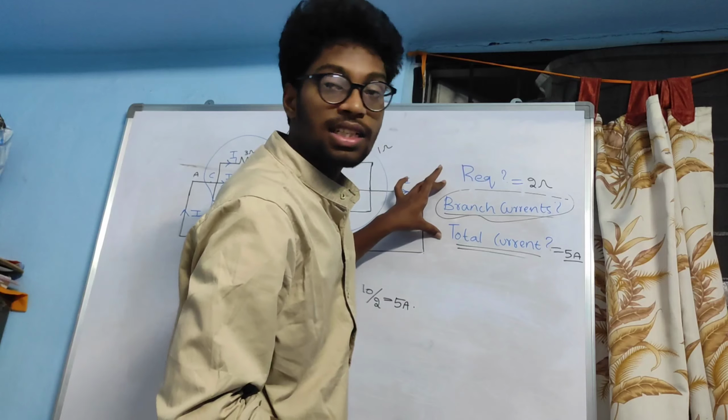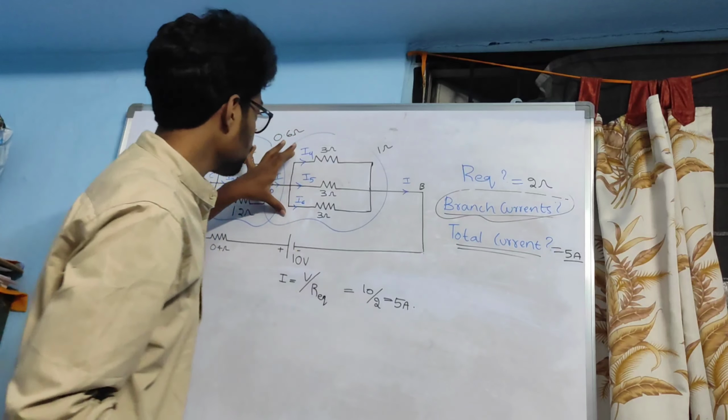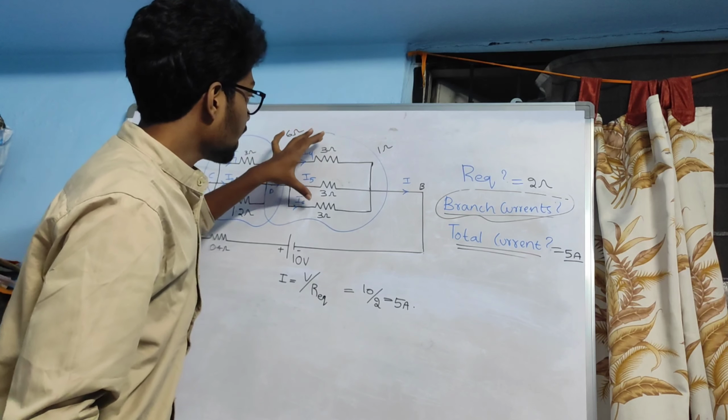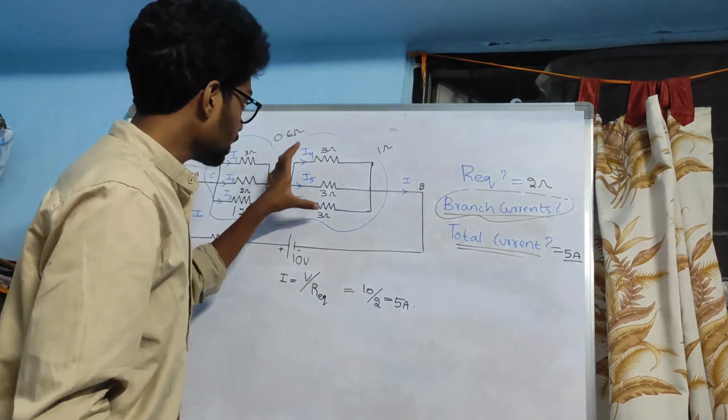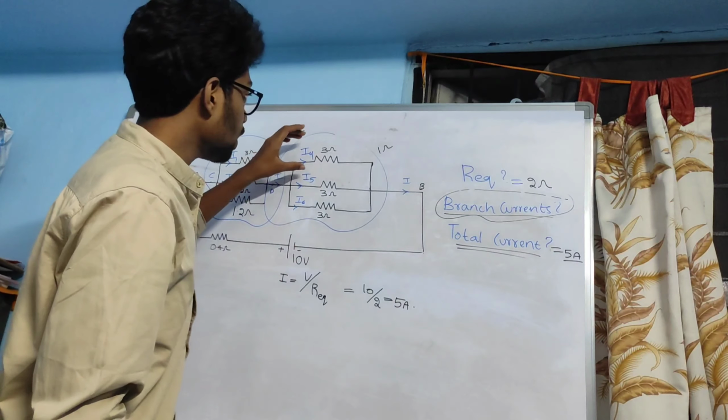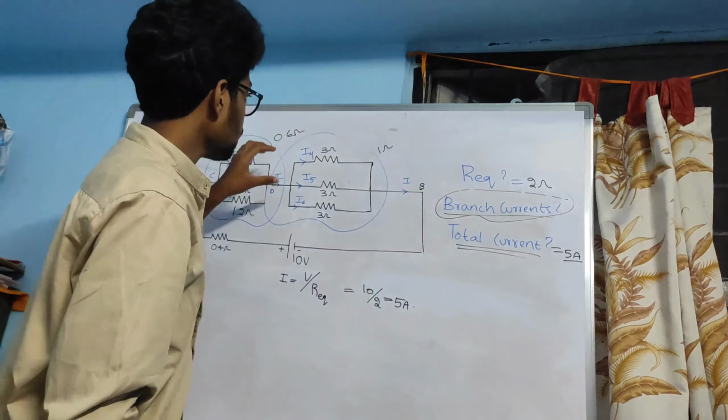Coming to the branch currents, for this combination, as 3 equal resistances are connected in parallel, we know the current will also divide equally. I4, I5 and I6 will be equal.